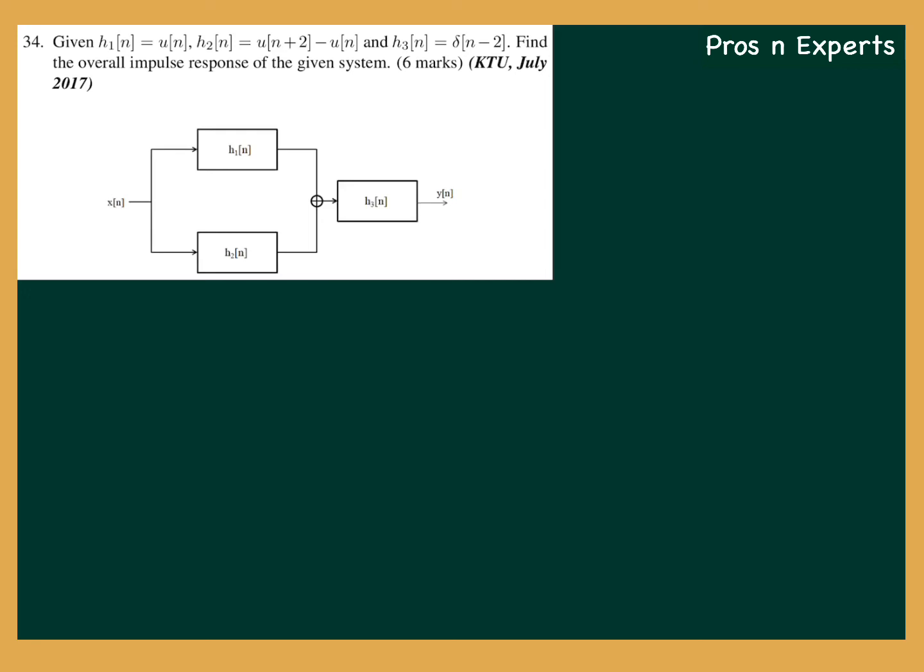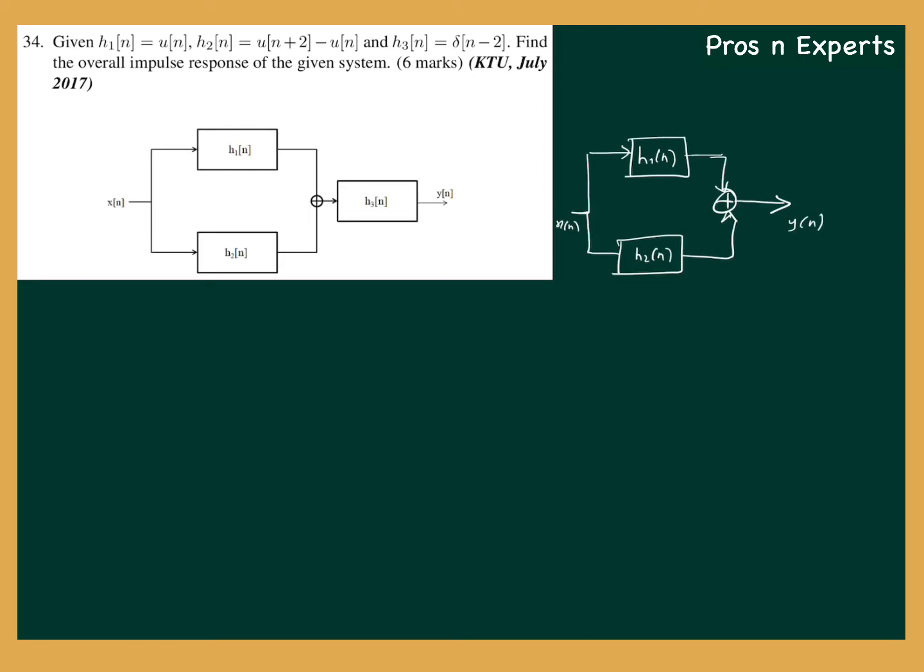So if you have gone through the properties of convolution, there are some points which tell you that if two blocks h1 of n and h2 of n are in parallel, if two systems, block means two systems, this is input, this is the output.